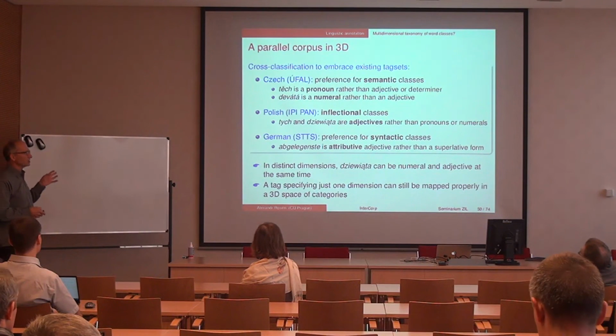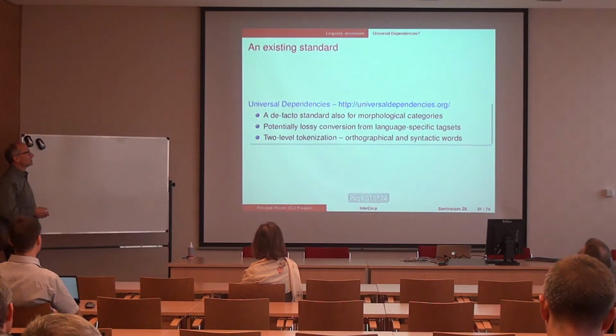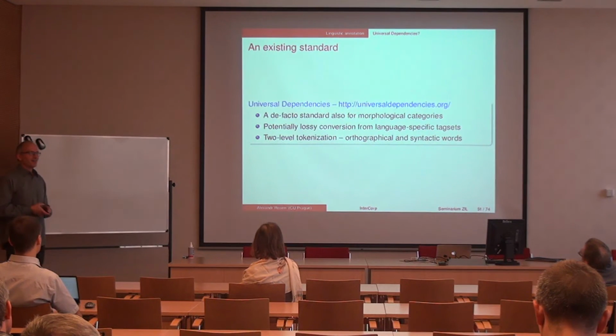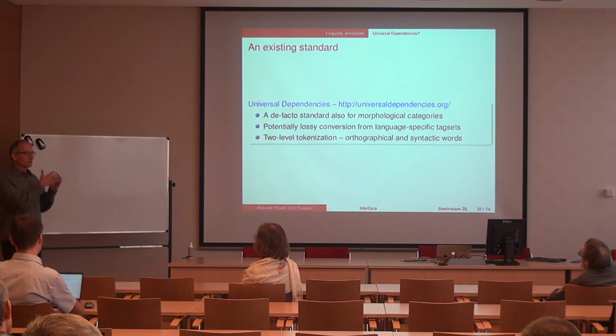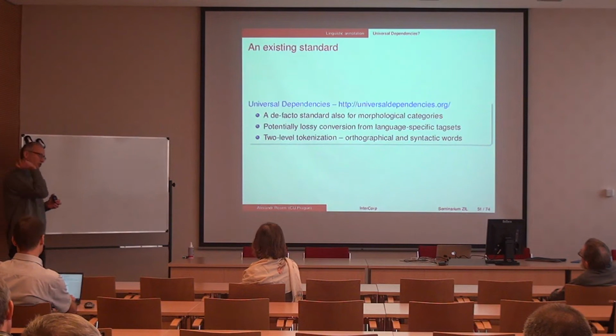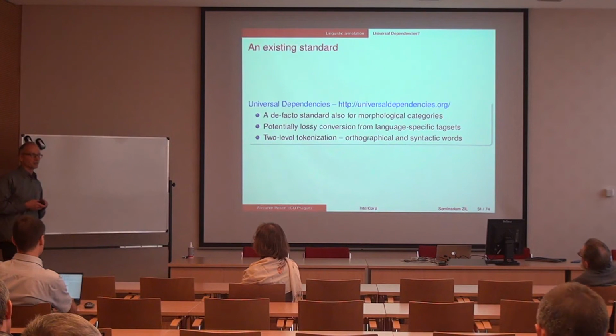So it all looks nice, but it's not so easy to implement that in a real system, because users expect just one nice label, and this is maybe something that you can theorize about.